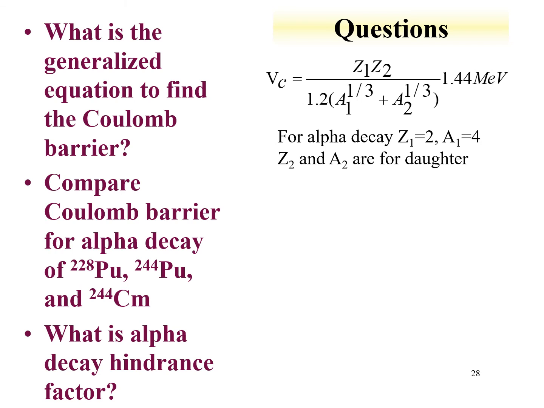We'll see in other examples for the Coulomb barrier that this equation can vary a little bit, and a lot of it has to do with what nuclei were evaluated to derive the equation.